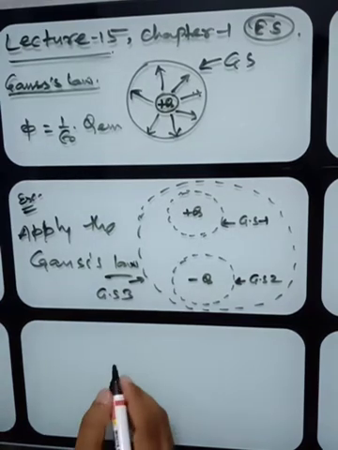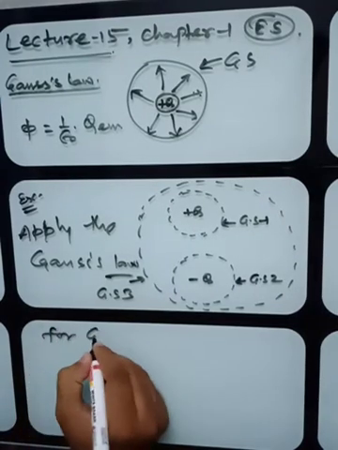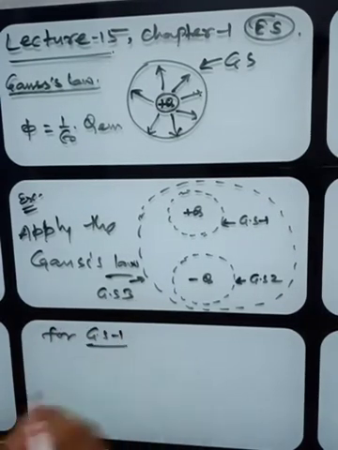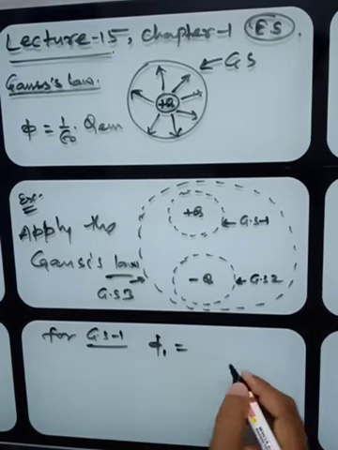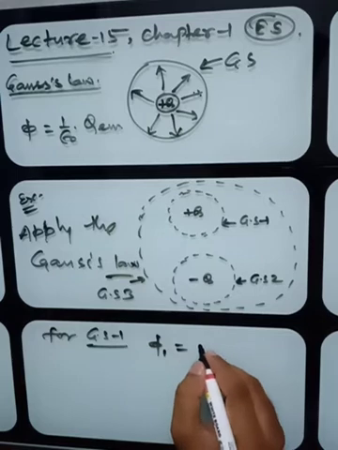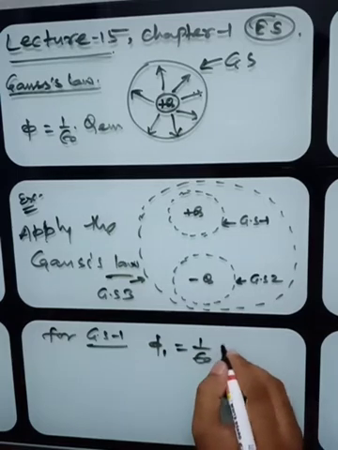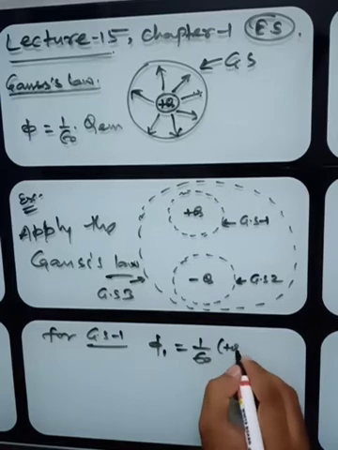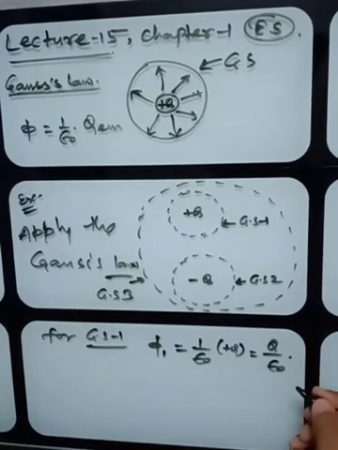For Gaussian surface 1, you can write phi 1 as 1 by epsilon naught times Q enclosed. How much is it? It is plus Q, so it will be Q by epsilon naught.